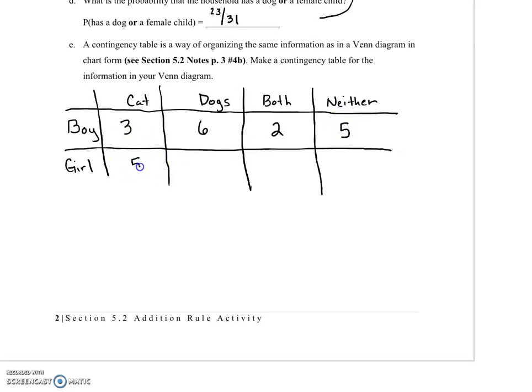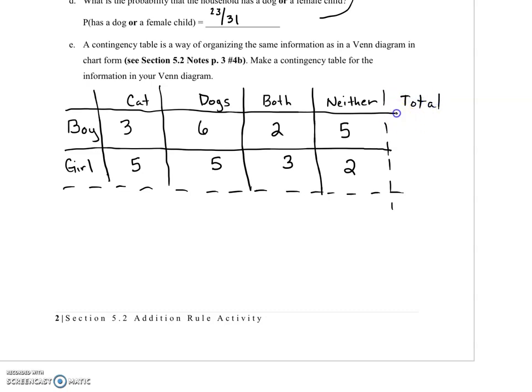For the girls, we have 5 with cats, 5 with dogs, 3 with both, and 2 with neither. Okay, sometimes they're nice and they'll give us the totals, like the example I used in the notes. But if they don't, we can do it ourselves.